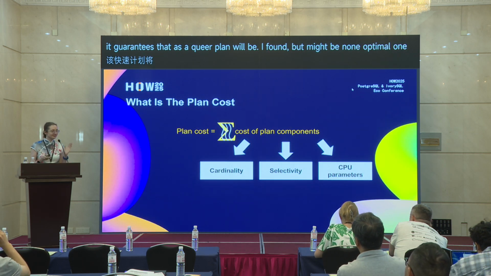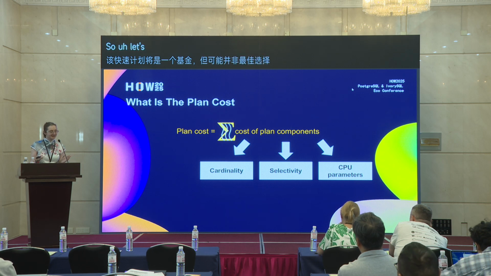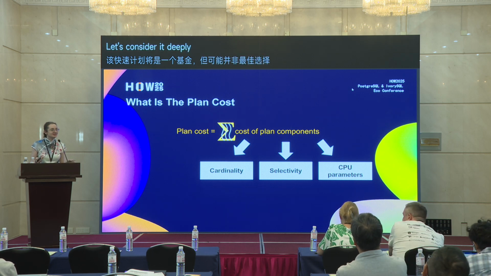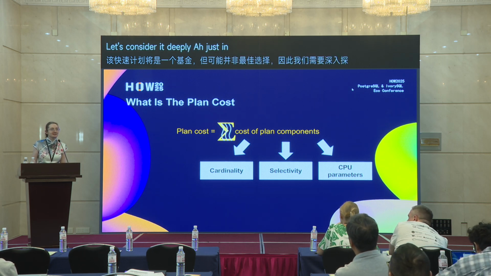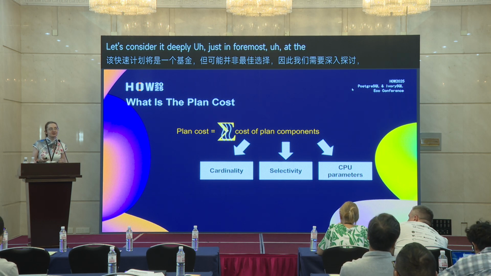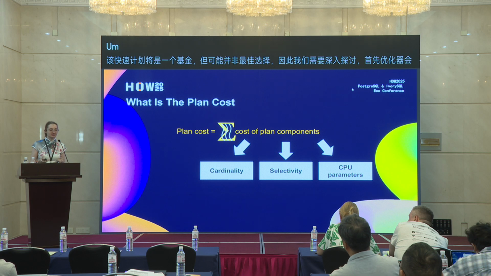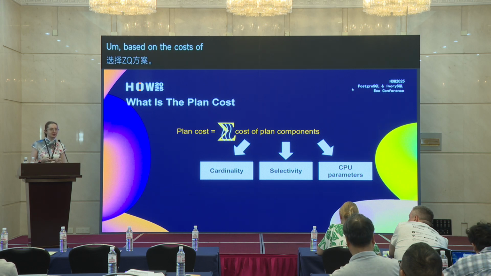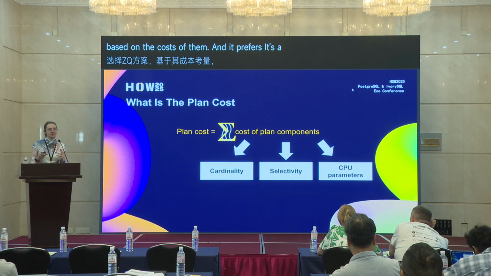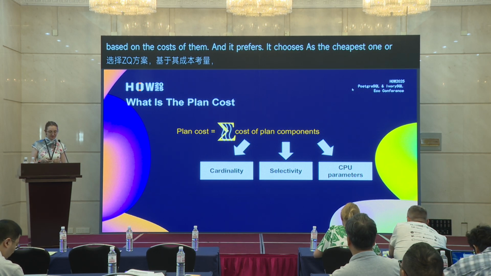So let's consider it deeply. First and foremost, the optimizer chooses the query plan based on their costs, and it chooses the cheapest one. What do I mean?